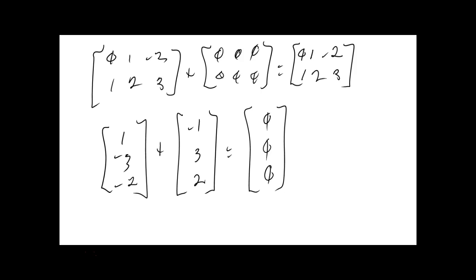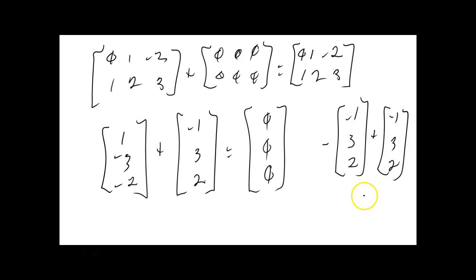So here's another way you could express it: negative of negative 1, 3, 2. We just basically factored out, though we haven't found that legal to do yet, but it is, plus 1, negative 1, 3, 2. That is always the zero matrix. But it has to be the same size, and this is a 3 by 1 zero matrix. Okay.